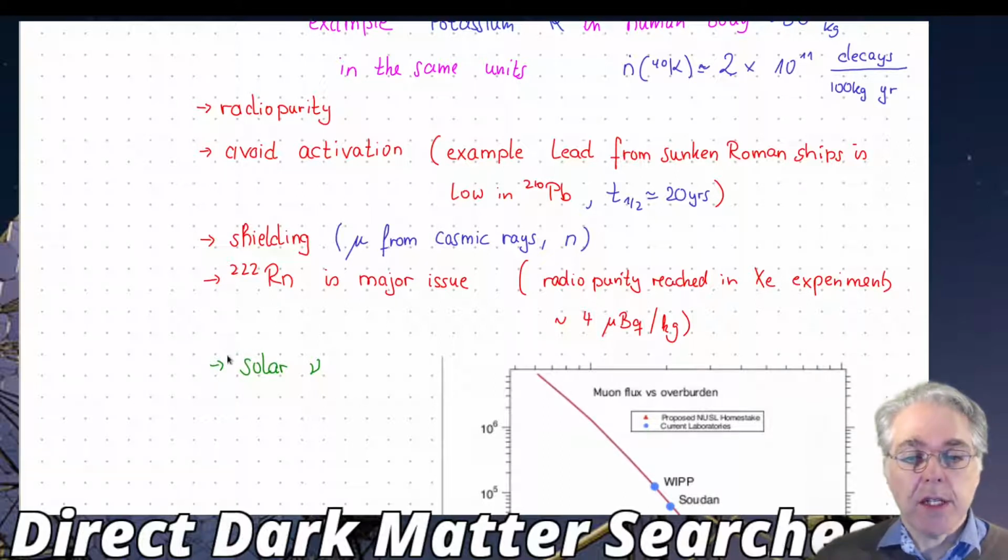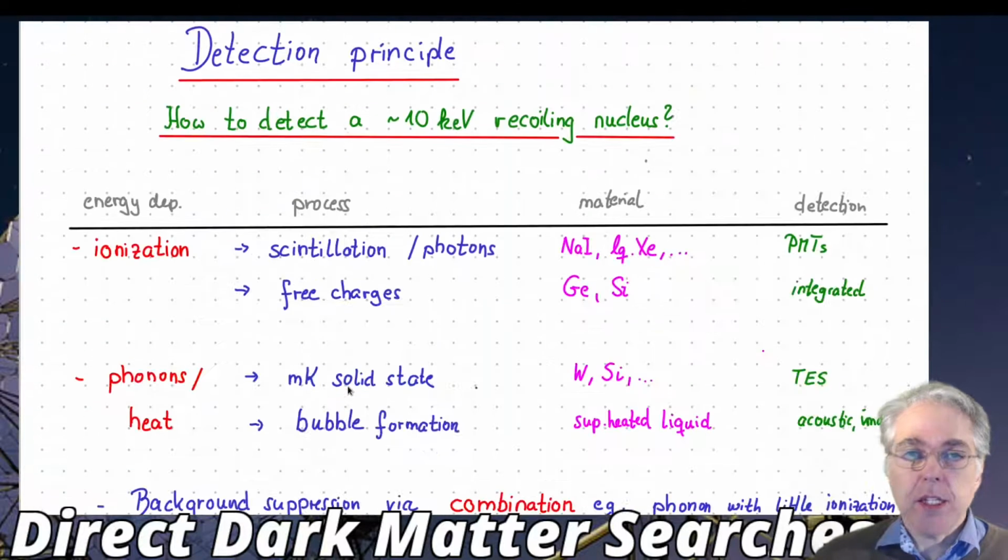However, the neutrinos are, of course, interesting by themselves, and there's a possibility to distinguish them because the neutrinos, of course, come from the direction of the sun. However, there's also the case of diffuse neutrinos coming from supernova explosions, and these are indistinguishable. And this becomes an issue.